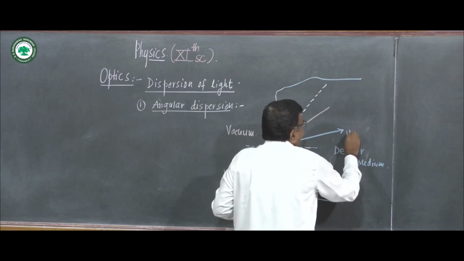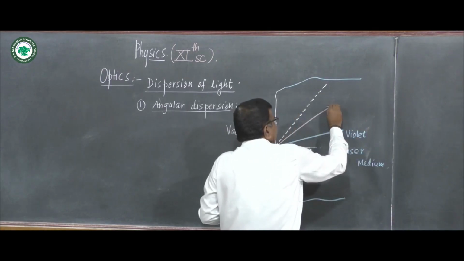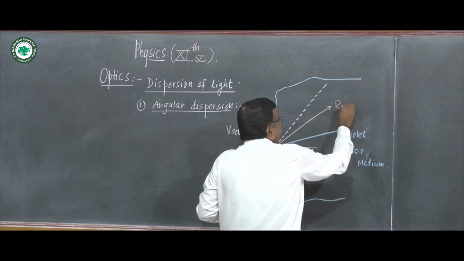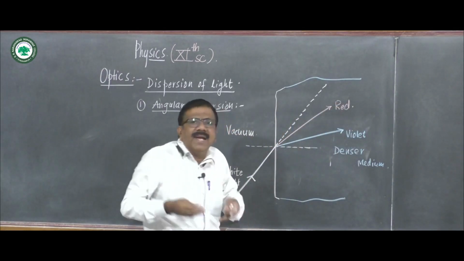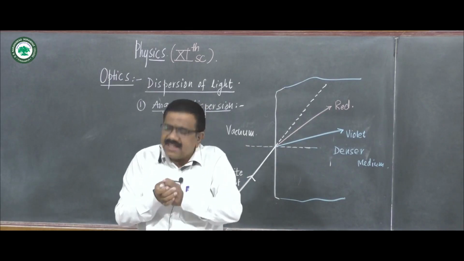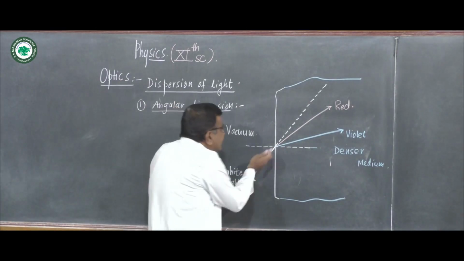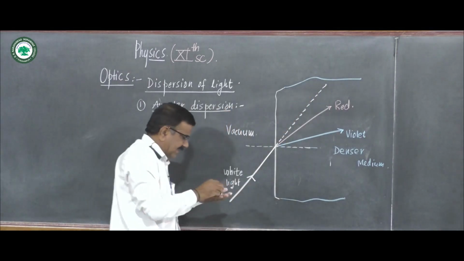Suppose this is violet color and this is red. In between violet and red, we know there are 5 colors, because white light is made up of the 7 colors. This is the direction of incident light.